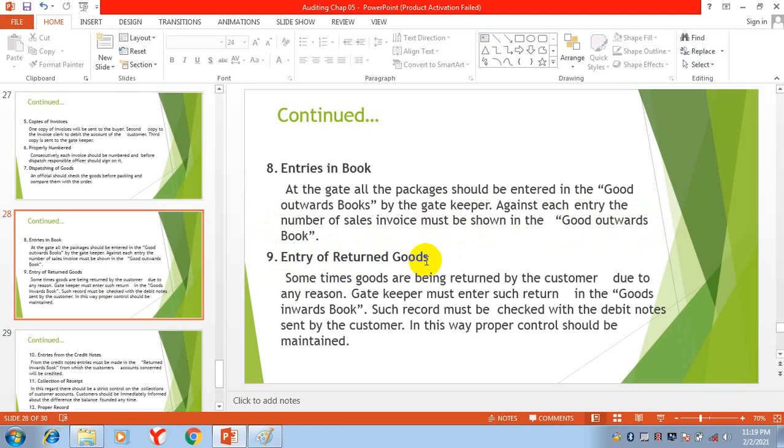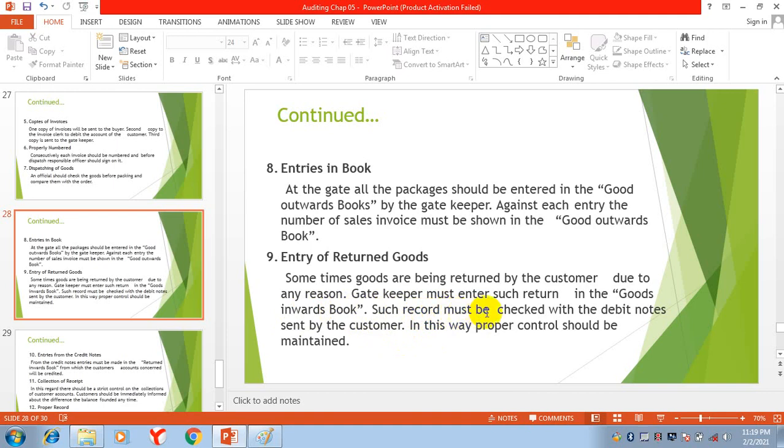Entry of return goods. Sometimes goods are returned by the customer for some reason. The gatekeeper must enter such returns in the goods inward book. Goods which are sent outside are entered in the goods outward book, and those returned by the customer, such as defective goods, are entered in the goods inward book.